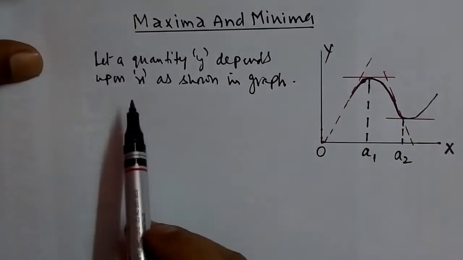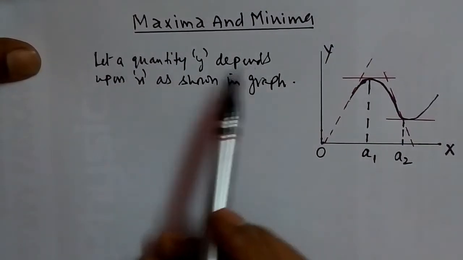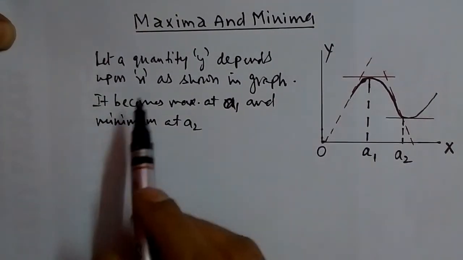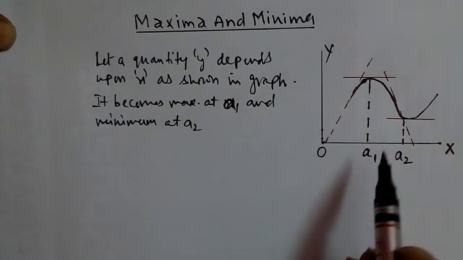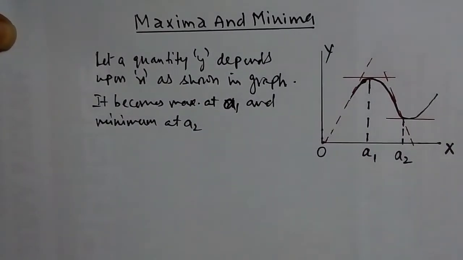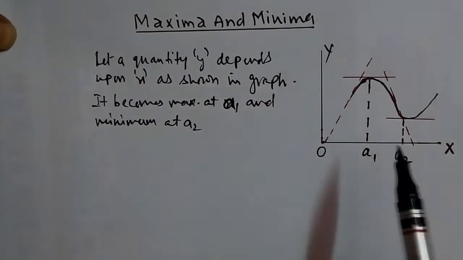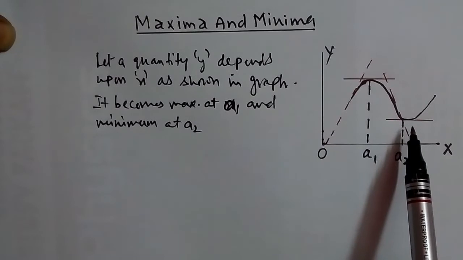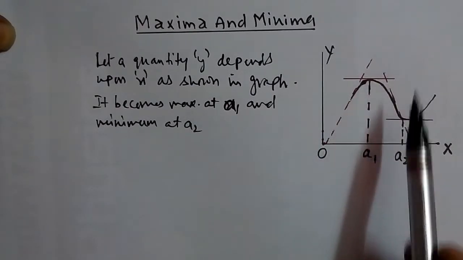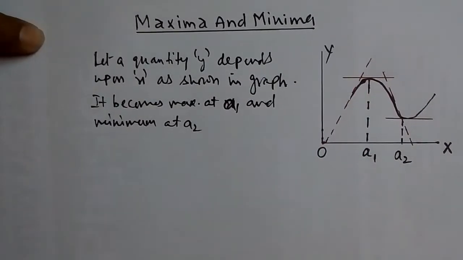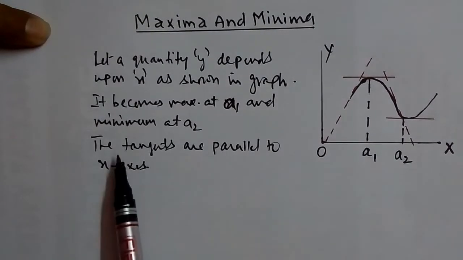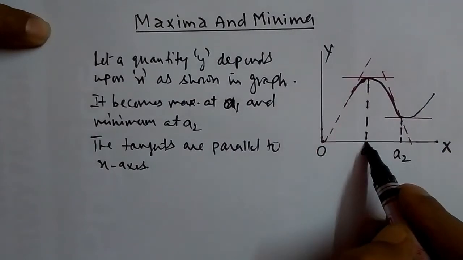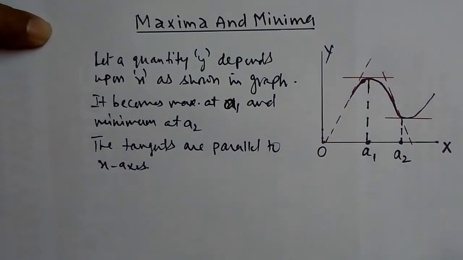So students, let a quantity y depend upon x as shown in the graph. It becomes maximum at a1 and minimum at a2. As I said, if you see the tangents in these two regions, you find that these tangents are parallel to the x-axis, both at the point a1 and a2.